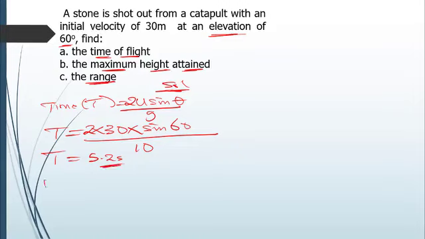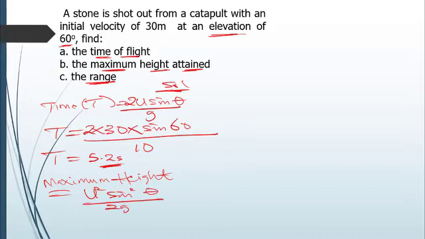The maximum height attained, or you can call it the maximum height reached, is going to be given by u squared sine squared theta over 2g. So we have our u, which is 30.